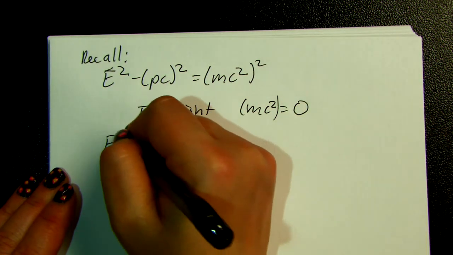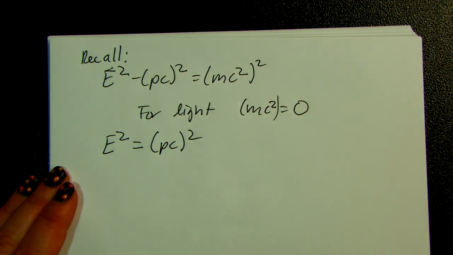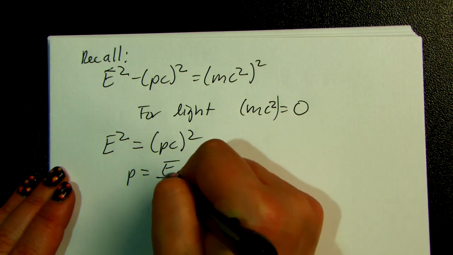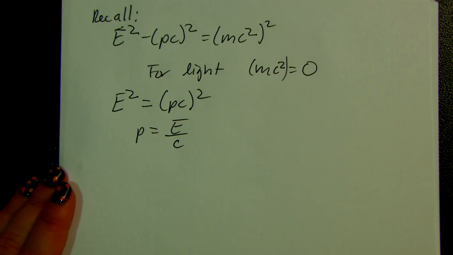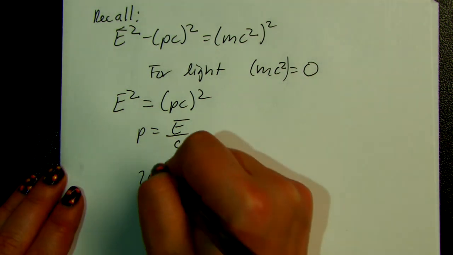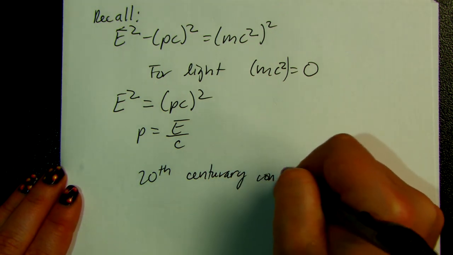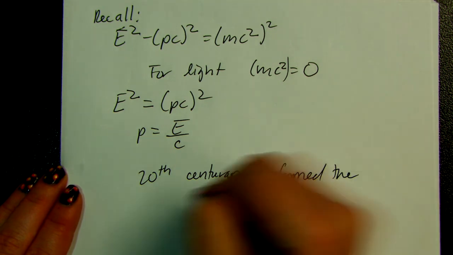Therefore, E squared is equal to (pc) quantity squared, with momentum being equal to the energy divided by the speed of light. Isaac Newton was actually the first person to think that perhaps light could be made of particles, but this was not confirmed until the 20th century. The 20th century confirmed the particle theory of light.